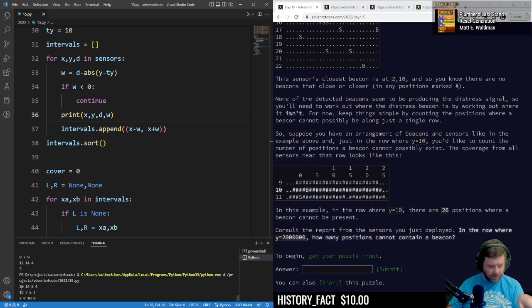So if it's centered at 2014 with a distance of 8, then projected onto the row, yeah, that looks fine to me.